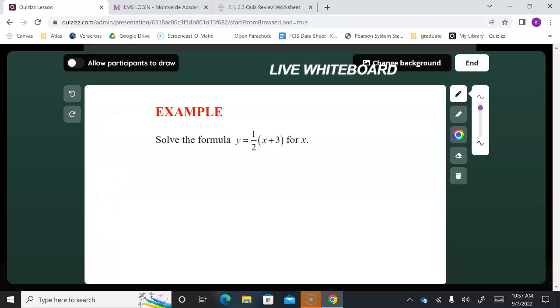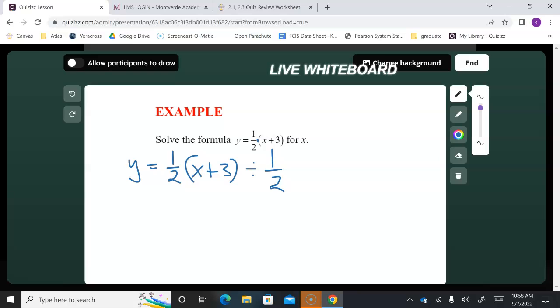So undo this multiplication of 1/2. What do I do? Okay. So if I have, let me write this so I have a little bit more space. Okay. Opposite of multiplication is division. So I divide both sides by 1/2.